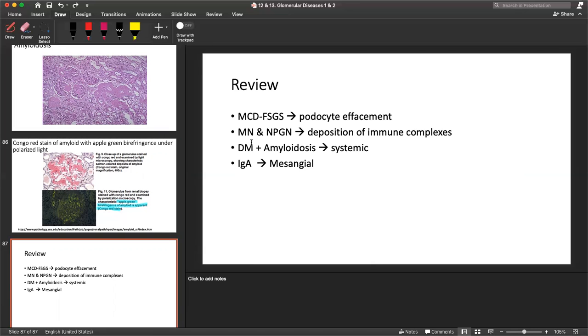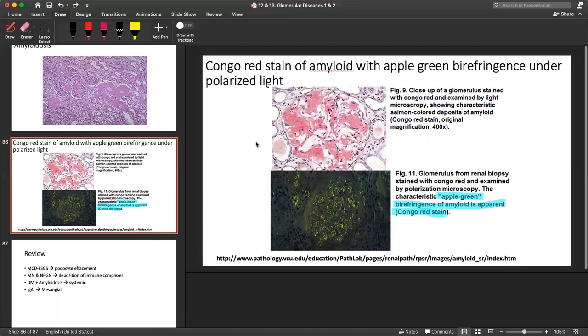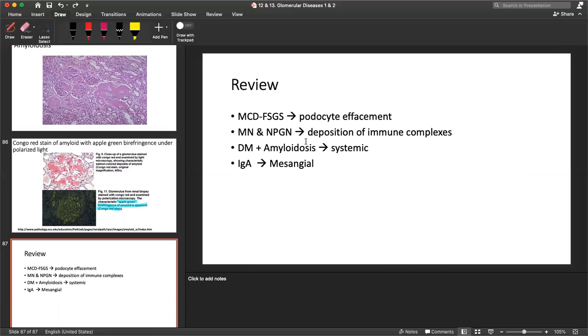Membranous is going to be... MPGN is going to be deposition of immune complexes. Diabetic and amyloid is going to be systemic. And then IgA is mesangial. Okay, we got through that.